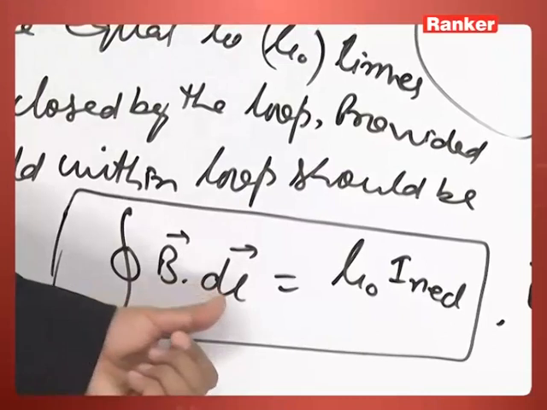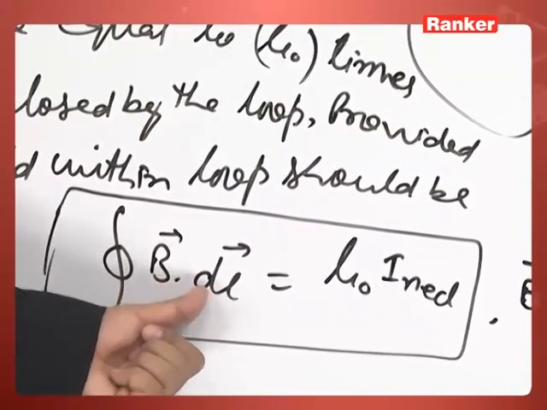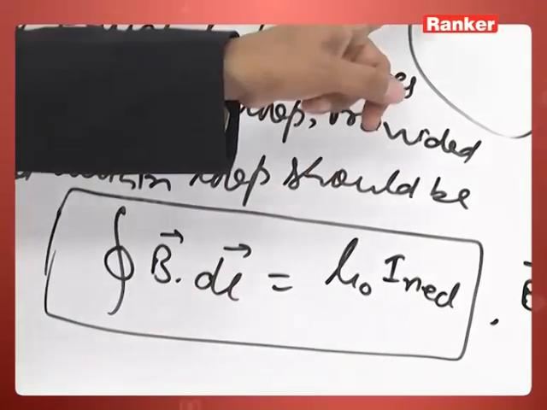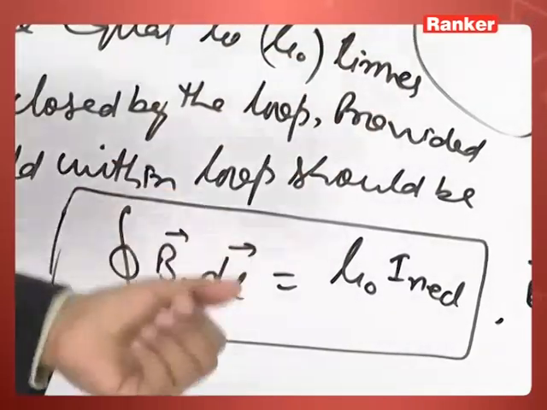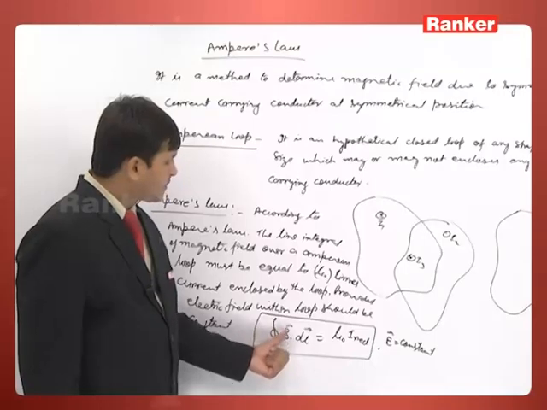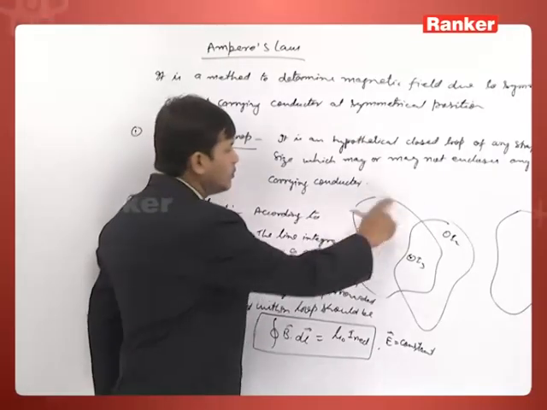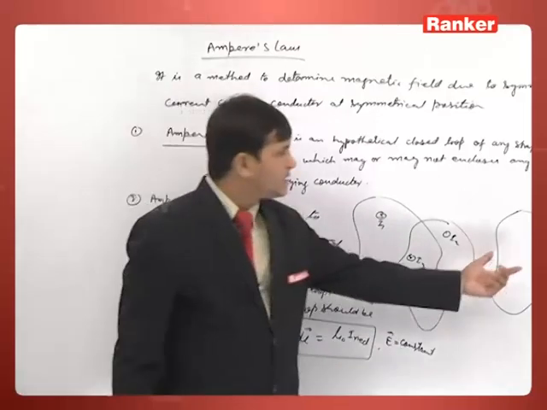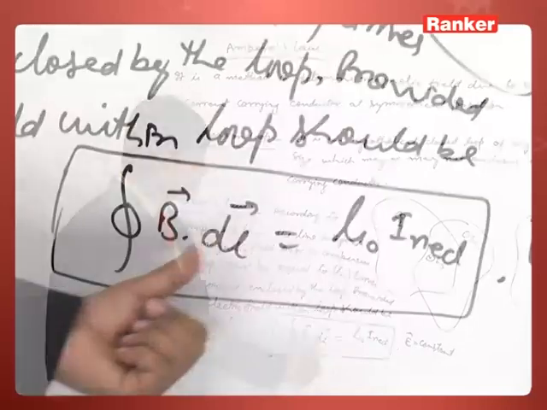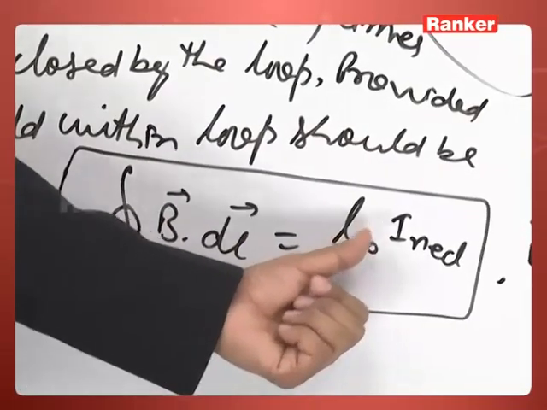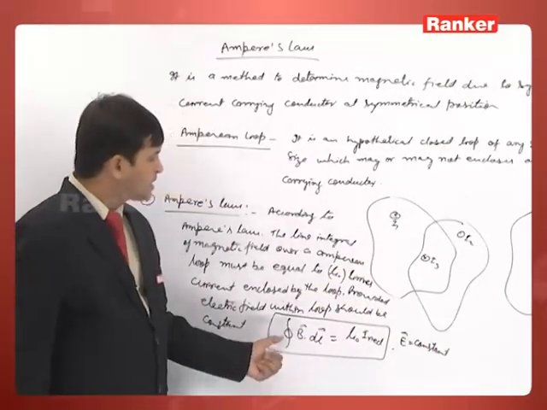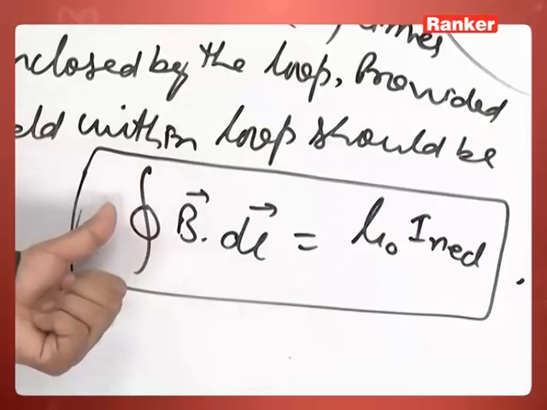B dot dl means we have to find the dot product of magnetic field over a loop. dl means the distance traveled in the loop, and this sign indicates the complete integral, meaning for a complete loop. Any loop we can select. For that loop, B dot dl must be equal to mu naught I enclosed, the current enclosed by that loop. This is the meaning of Ampere's law.